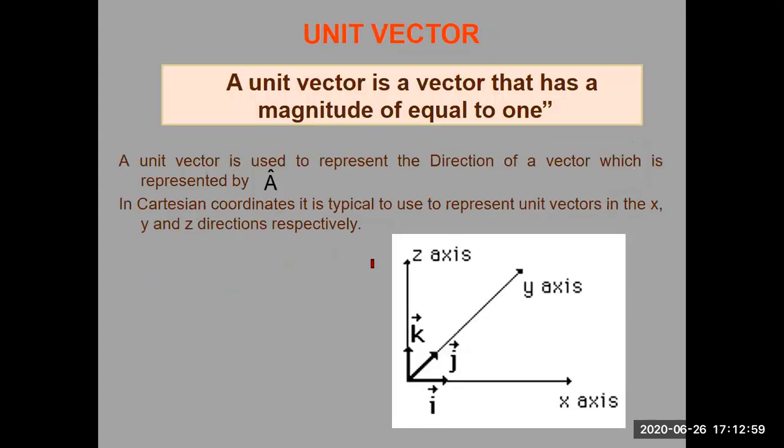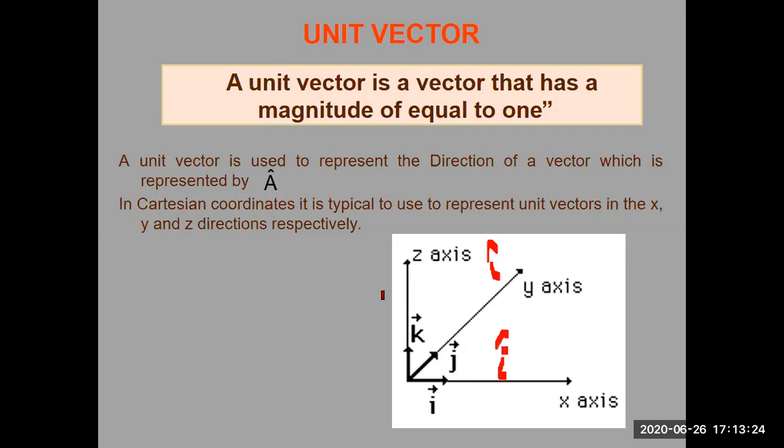So what is a unit vector? A unit vector is a vector that has a magnitude equal to 1. This is the basic concept of a unit vector. Along the x-axis, the unit vector is i cap.